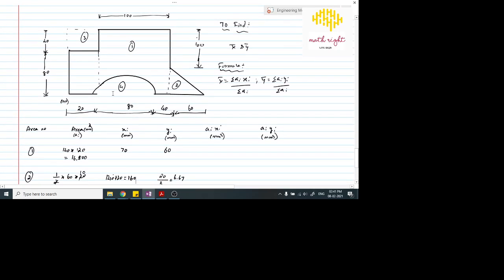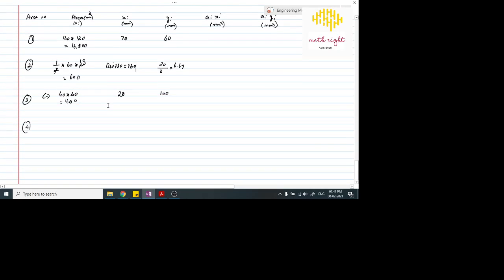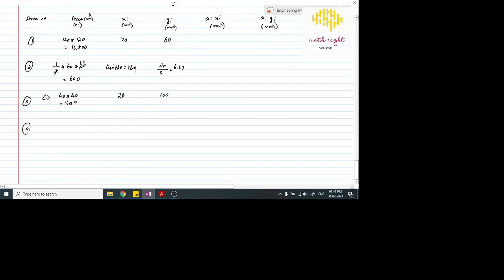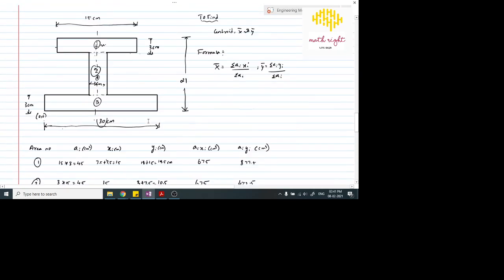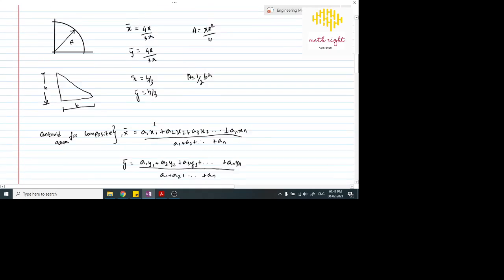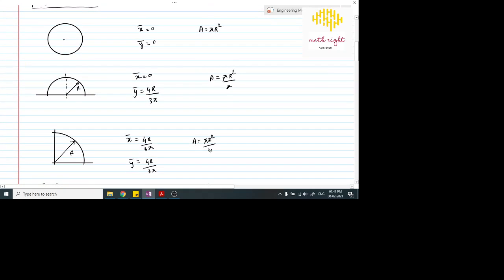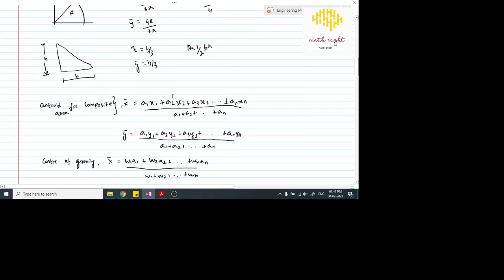Similarly, for component 4, the semicircle, what is the area? Pi r squared by 2. What is the formula for the semicircle? The area is pi r squared by 2, x bar is equal to 0 since it is located exactly at the center, and y is 4r by 3 pi. Just remember this.